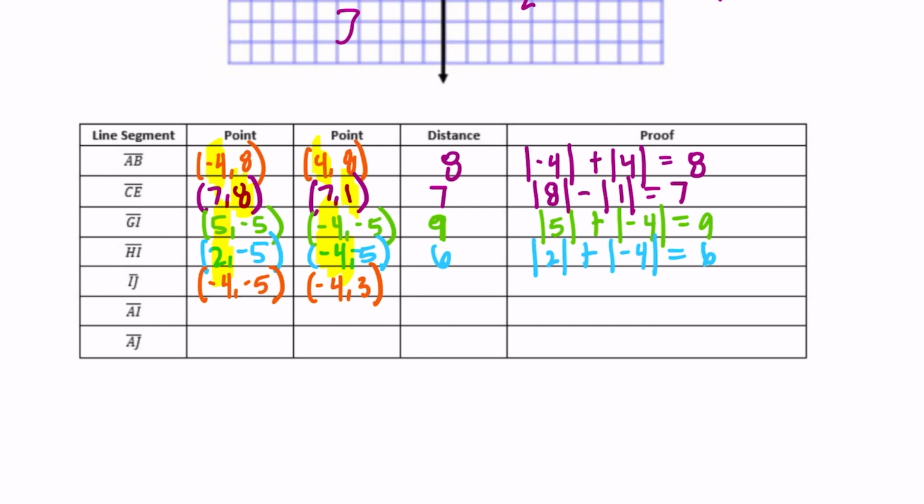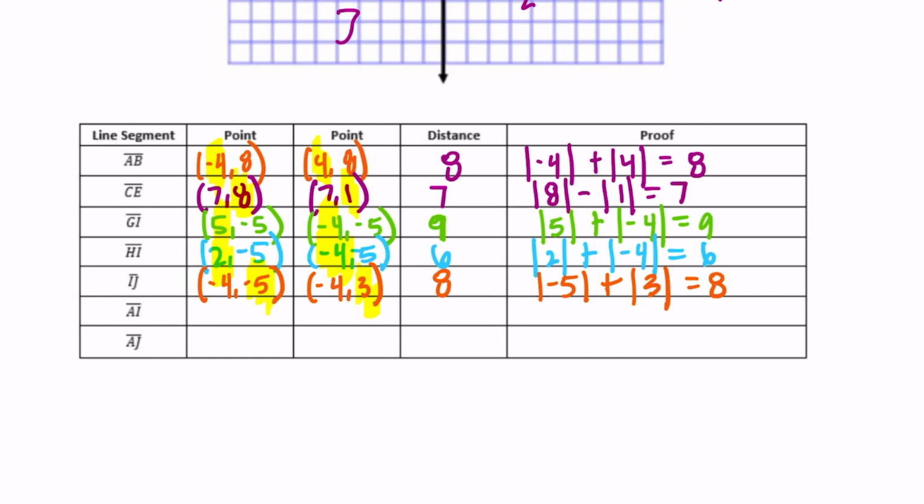So here their y values are different. They're on opposite sides. You can tell if one is negative and one's positive. So we're going to add the absolute value of negative 5 plus the absolute value of 3, which is equal to 8.